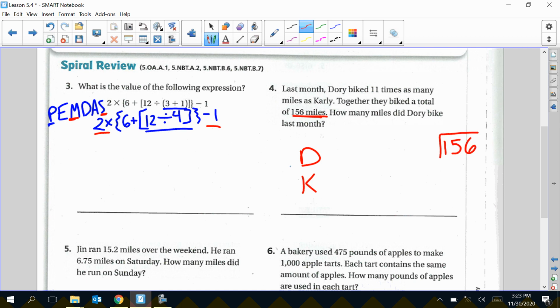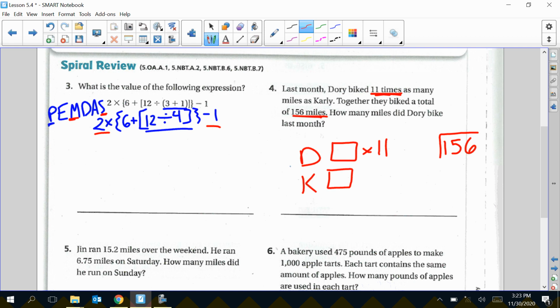But in this case, remember back to chapter 2, this is a question with boxes. Dory has 11 times as many as Carly. So Carly gets 1 box, and Dory is going to get 11 times that box. She has 11 times as much as whatever Carly has.